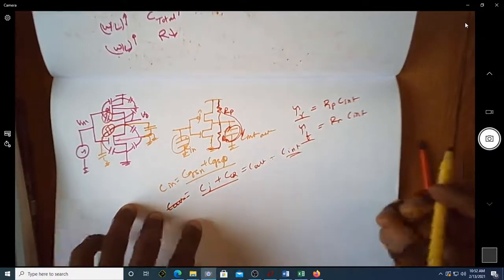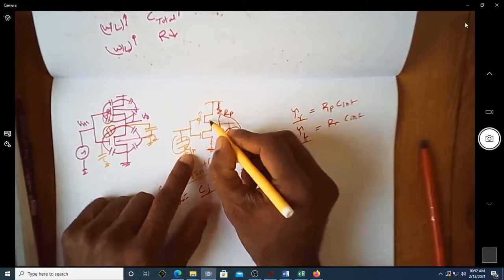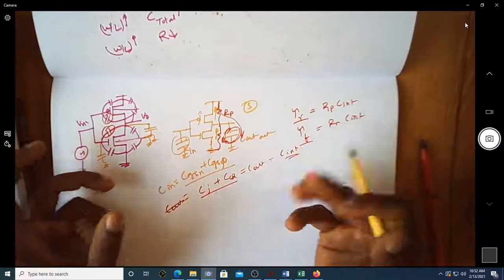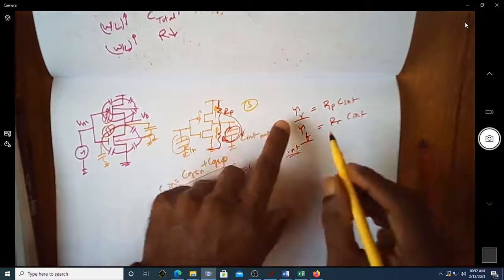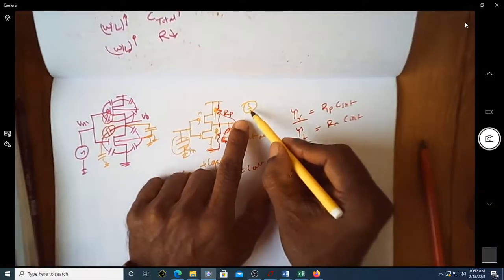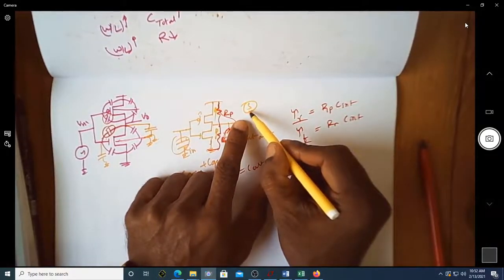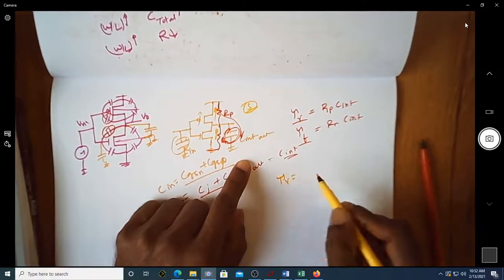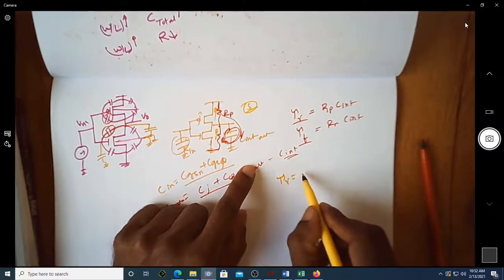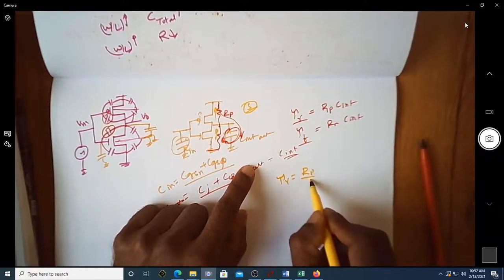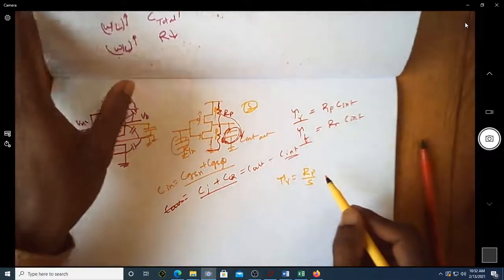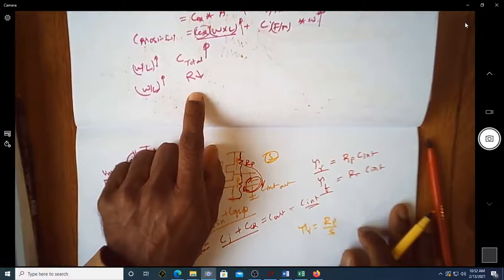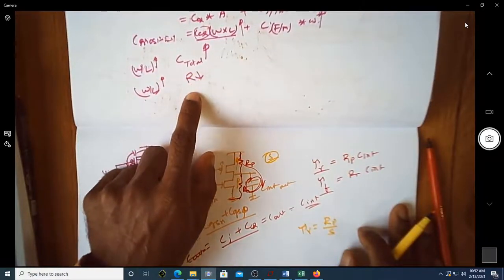Now let me scale it up. What do I mean by scale it up? Let me increase the W by L of this and of this by S times. Since it is increased by S times, suppose you want to know the rise time after scaling up: you can see Rp by S, because as we saw in the previous case, as you scale it up, the resistance will reduce by the same amount you increase.